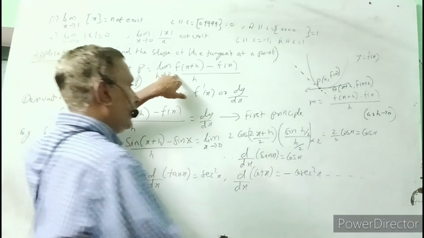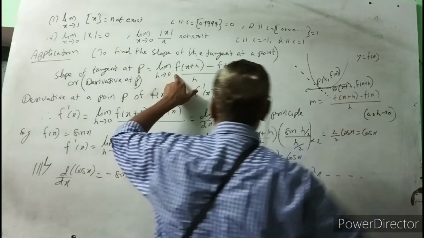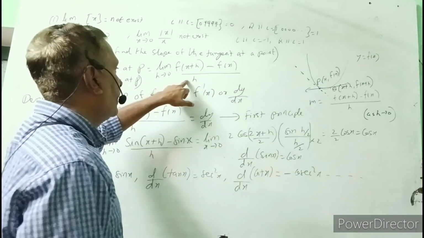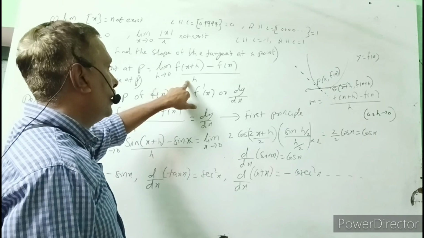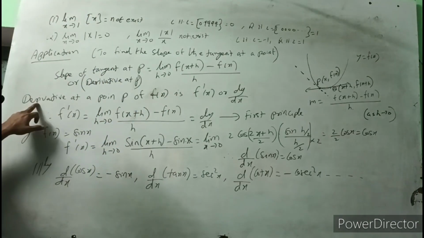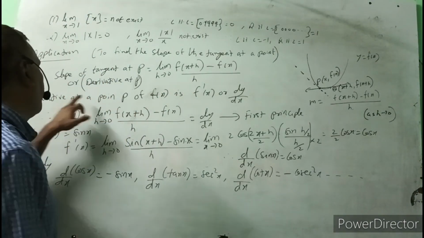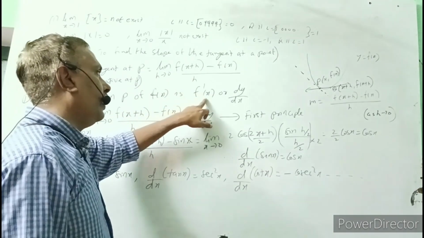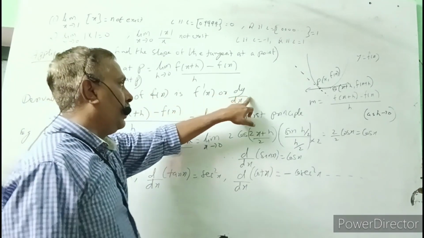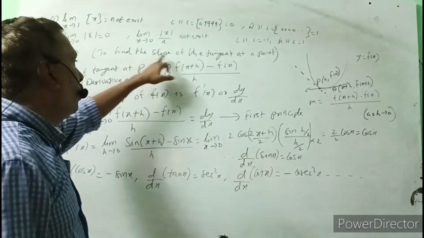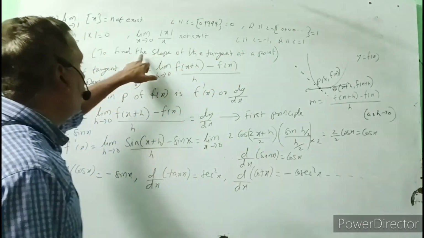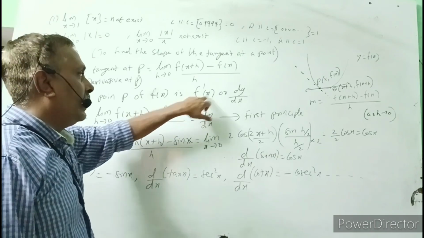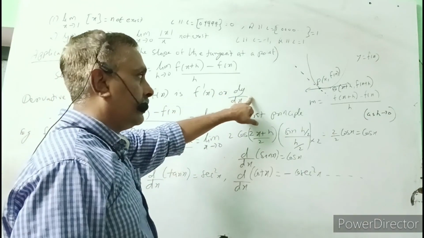The formula is: you apply limit h tends to 0, f of x plus h minus f of x upon h. The derivative at a point P of a function f of x is denoted by f dash x or dy by dx, or slope of the tangent at P. Slope of the tangent of a function at a point P is called f dash x or dy by dx.